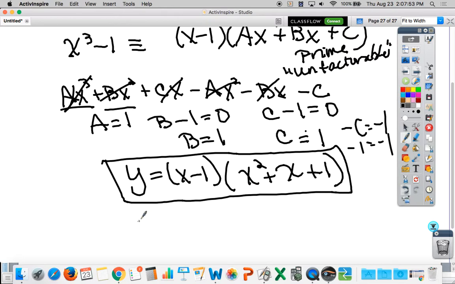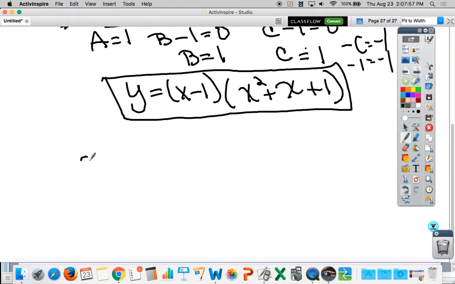So I want y'all to do x cubed minus 8. I want you to factor this or write it in factored form.